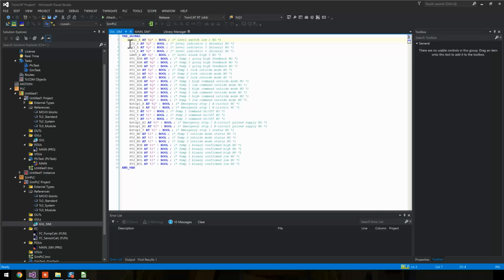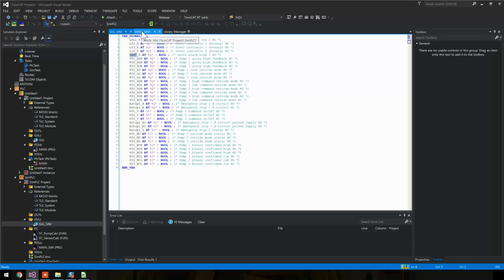Since these are level indicators, that should indicate that they don't really do anything, they just indicate the level. This level switch, something should happen when this is true or false, depending on what it's set up to be. LA, level alarm, high. This should then trigger some kind of alarm.